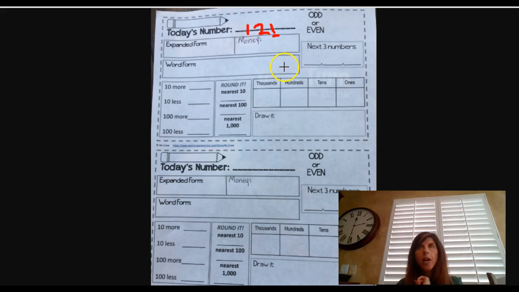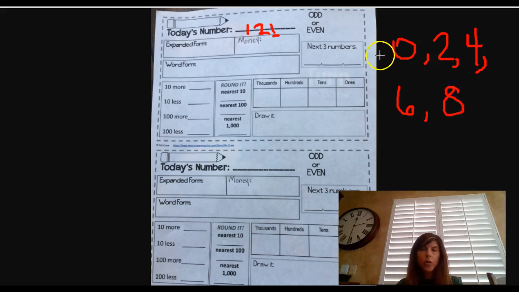If that number is 0, 2, 4, 6, or 8, you know that number is even. If that number is none of those numbers, such as 1, we know that number is an odd number. Okay, so you need to know that. You can look at the number in the ones place and you can figure that out.